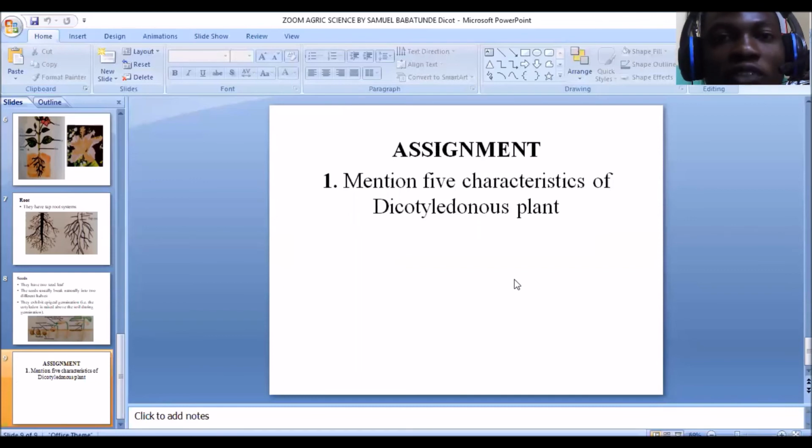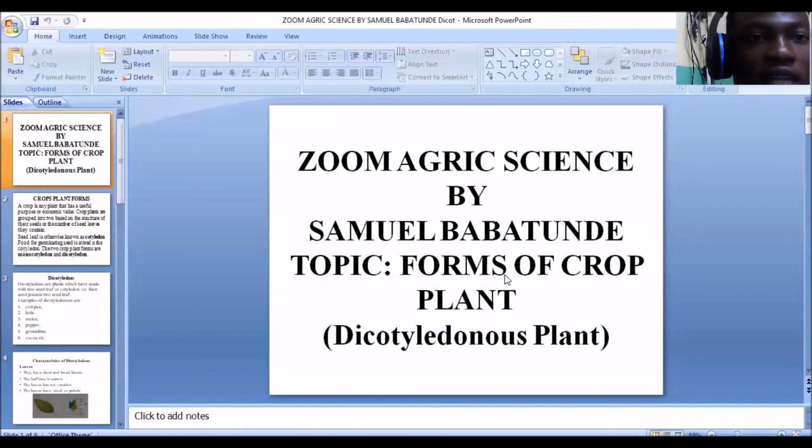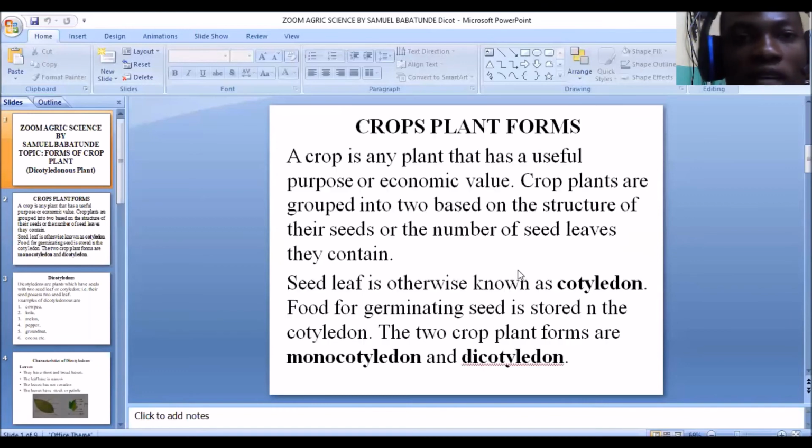Now, before we go, I'll do a brief recap. I will just talk about what we've discussed briefly before we go. Like I said, our topic is forms of crop plants, and we say crop plants are divided into 2 forms based on the number of seed leaves that the seed contains.